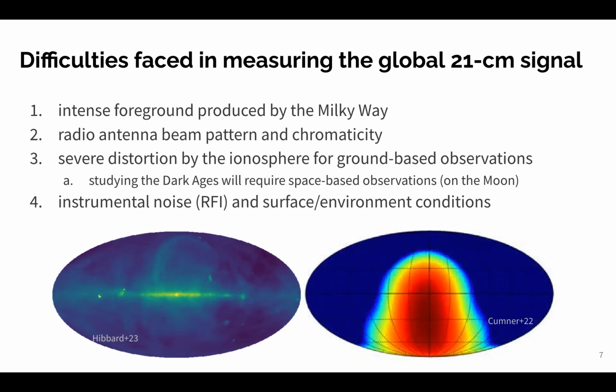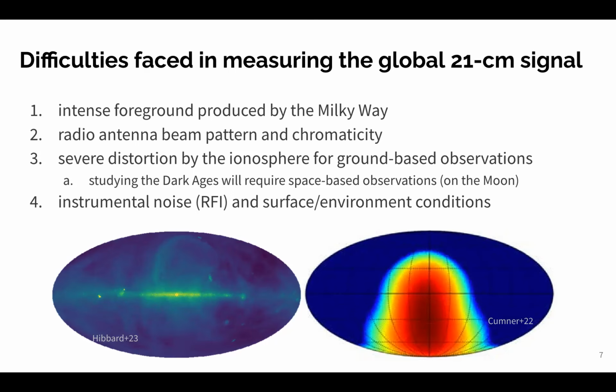Some of the other things that make it difficult to measure: we need to understand the radio beam pattern. That's an example of the radio beam pattern on the sky and its chromaticity, how it varies with frequency. There's also severe distortion by the ionosphere for measurements made on the surface of Earth.